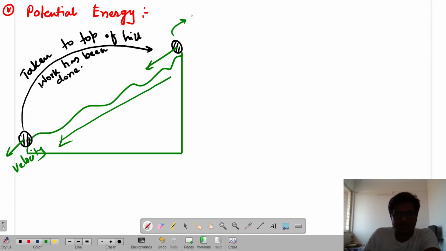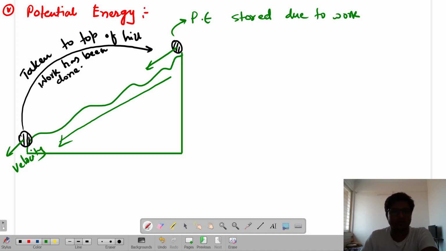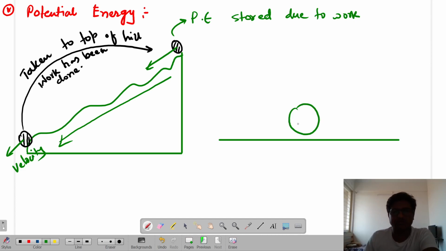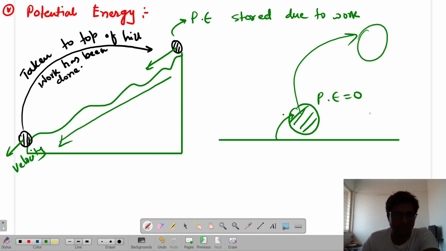And that is what we call energy which is stored due to the work. Are you able to get me or not? If I ask what is the potential energy of a ball which is kept on the ground, not at height, you will say its potential energy is zero, because we didn't perform any kind of work to take it to some height which can be stored as energy. Are you able to get me or not?